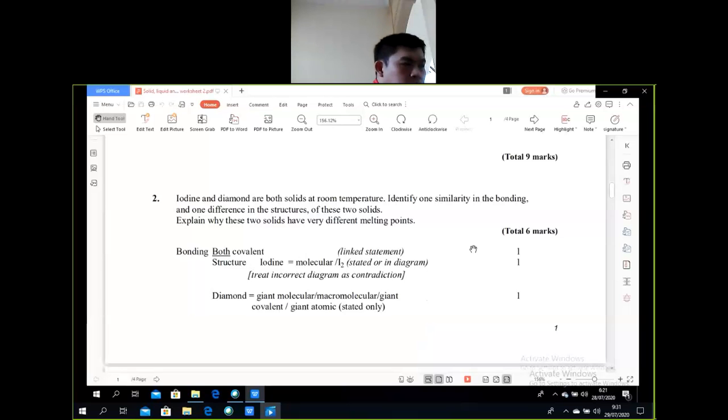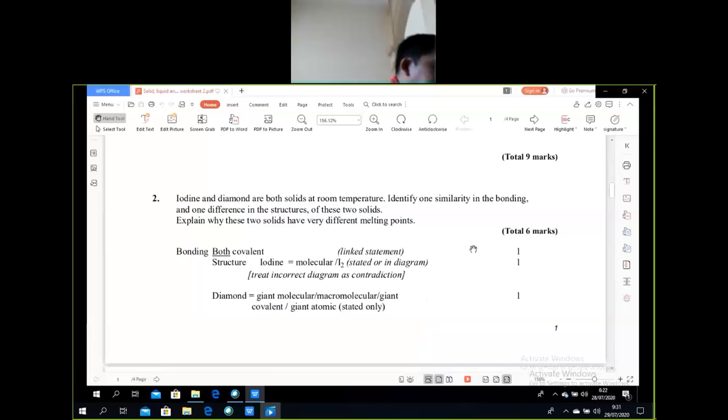But diamond, at a temperature of maybe 100, is still solid. It does not become liquid or gas, different from iodine. Identify one similarity in the bonding and one difference in the structures of these two solids. Explain why these two solids have very different melting points.